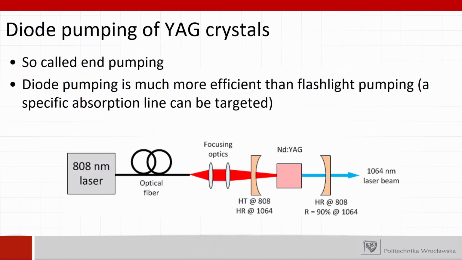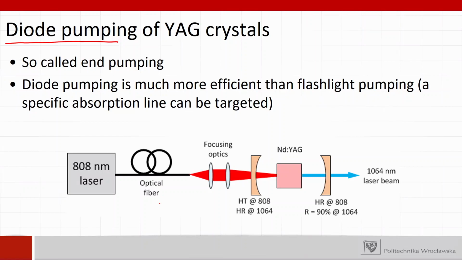However, a way more efficient way of pumping a solid state laser is pumping with laser diodes. You already know that we have a variety of semiconductor lasers at many different wavelengths and many different powers, right? We can easily achieve high powers at a very broad range of wavelengths.